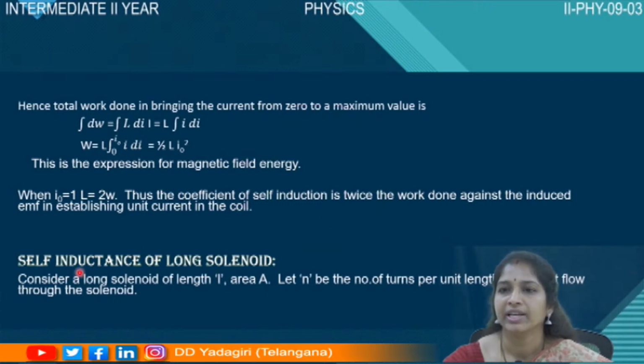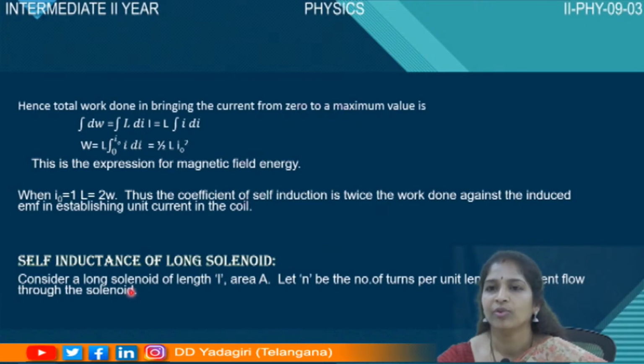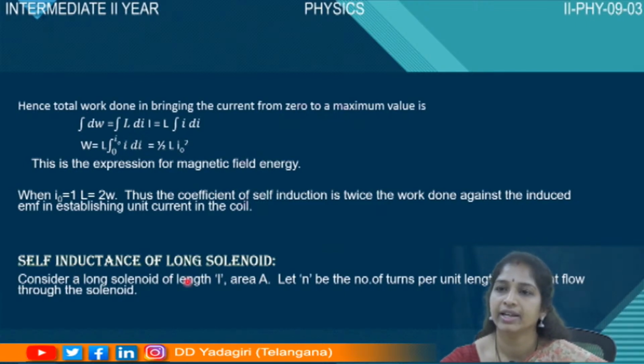Then the next topic is self-inductance of a long solenoid. How we can calculate the self-inductance of a long solenoid, that we are going to derive. In order to derive it, consider a long solenoid of length L, area of cross section A, and let us also consider there are n number of turns per unit length.